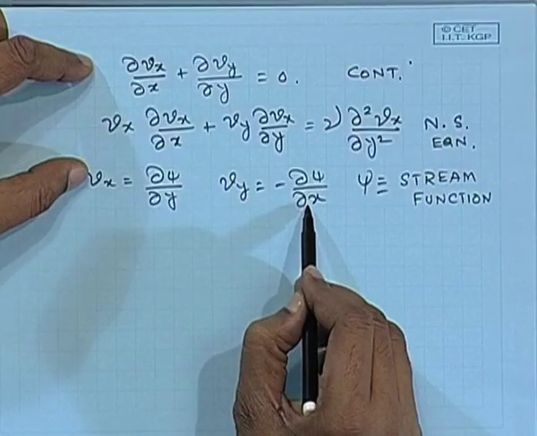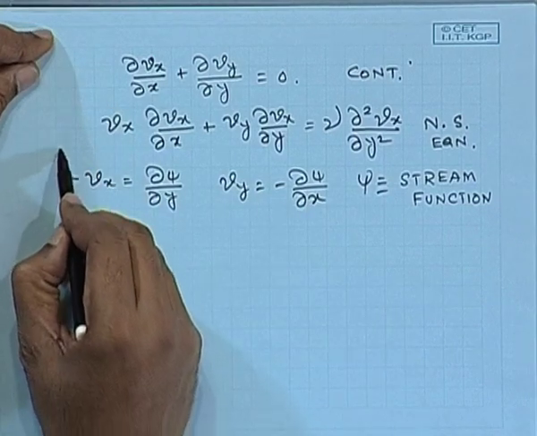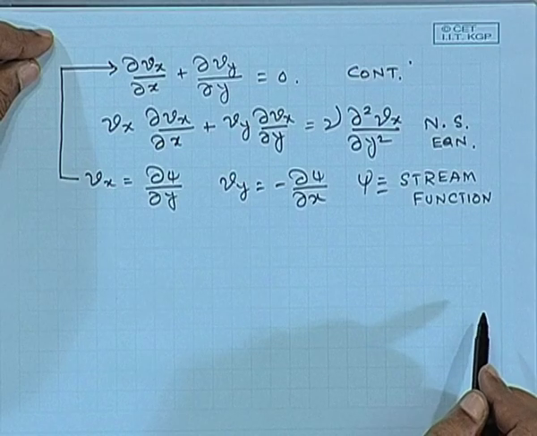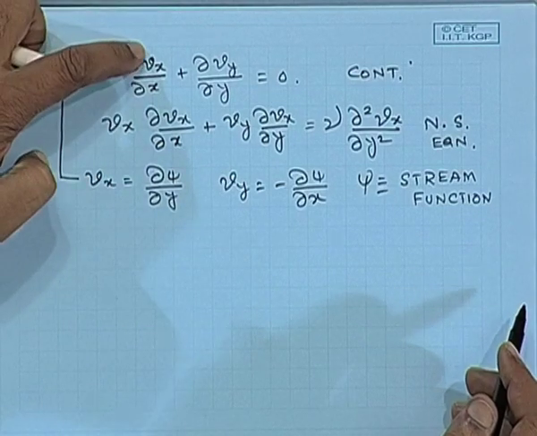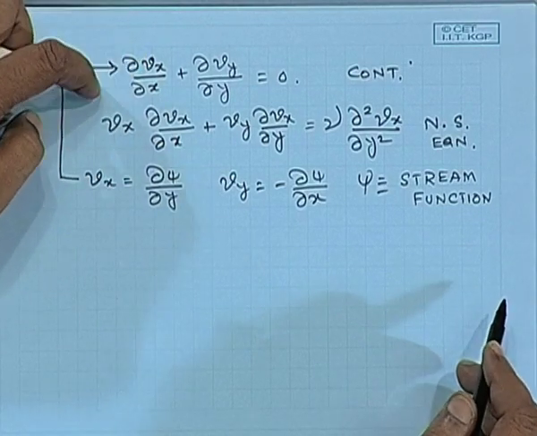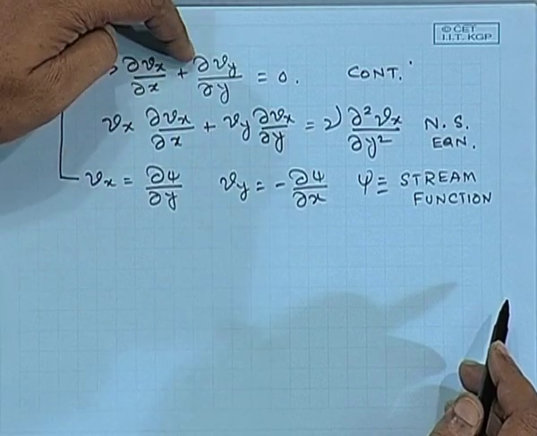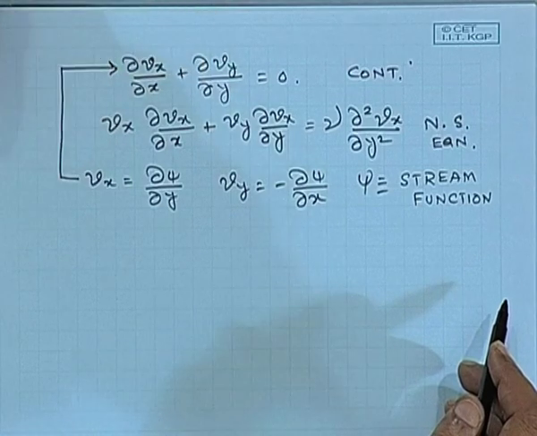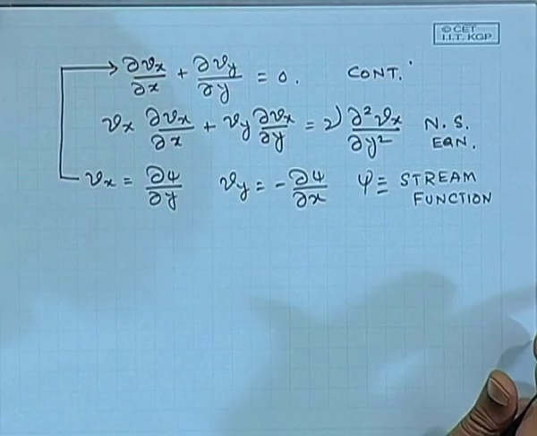The stream function is defined in such a way that continuity equation is automatically satisfied. Okay. So, if you substitute in here, this is going to be del psi del x del y minus del psi del y del x. So, continuity equation is automatically satisfied by the use of stream function.